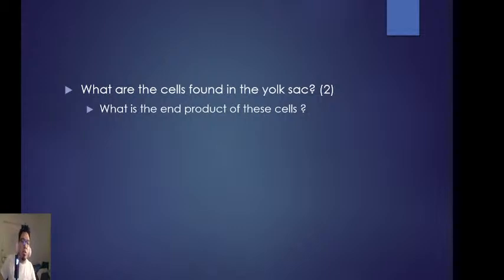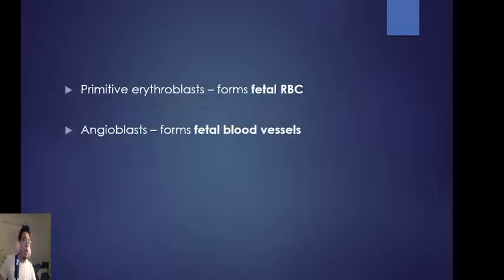Why are angioblasts important? Because they form fetal blood vessels. Angioblasts and primitive erythroblasts serve as the building blocks of what you need in the human body as the baby develops further in its lifespan.